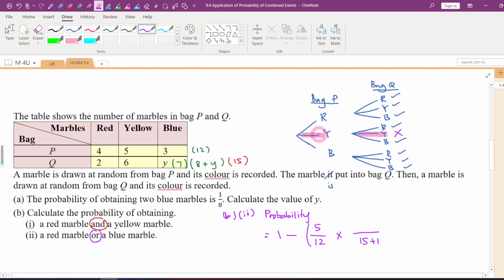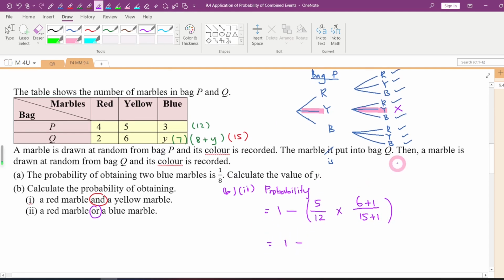So you will notice that in this situation, the first marbles that you pick from bag P is yellow, right? So you put this yellow marble inside the bag Q. Therefore, the number of yellow marbles in bag Q will add 1. It will be 6 plus 1 in this situation. Okay, now just press your calculator. 1 minus.